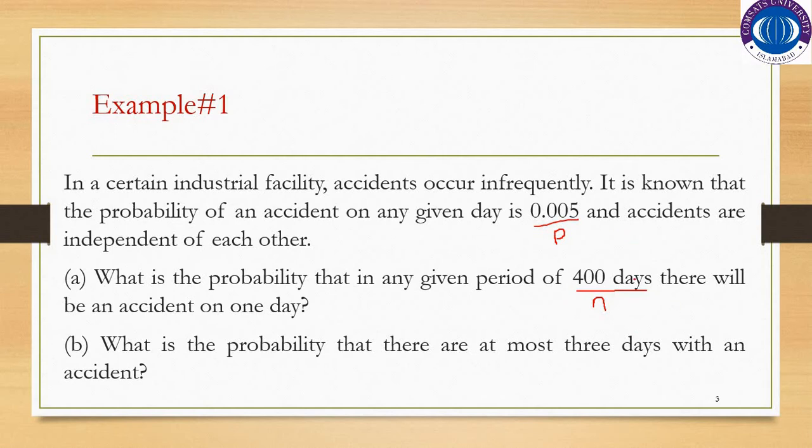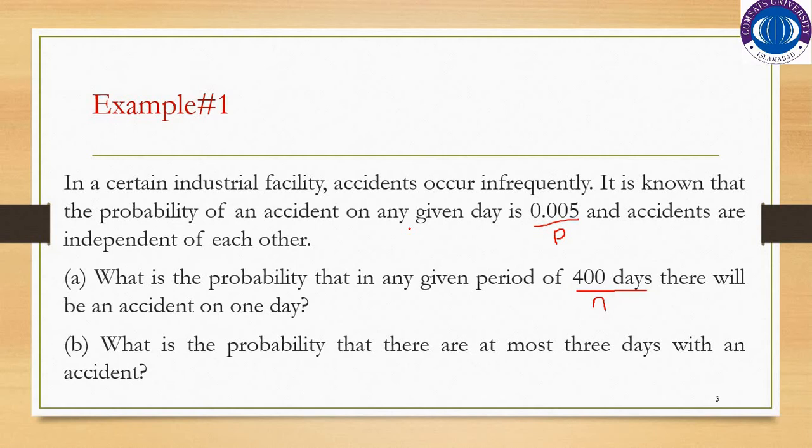So here they are considering a 400 days period of time. The third property was that each successive trial is independent. So here it is written that accidents are independent of each other, which is justifying the third property. And the last property is that the probability of success is constant from trial to trial. So it is written in the statement that the probability of an accident on any given day is 0.005.